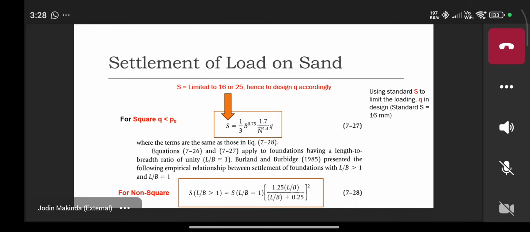Meanwhile, we can also use these two equations to give a range of the allowable design.